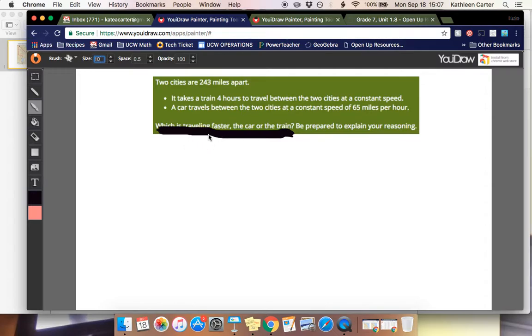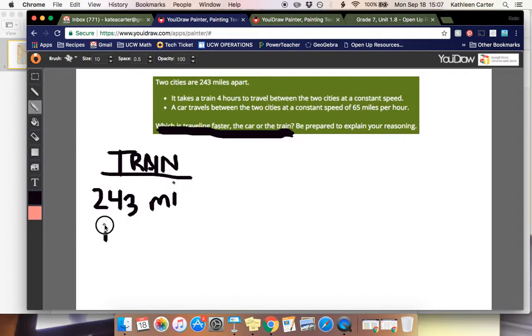And I think that was helped by the fact that it was a little bit easier to do the computation mentally. So we knew that the train is going to be able to do 243 miles in 4 hours.